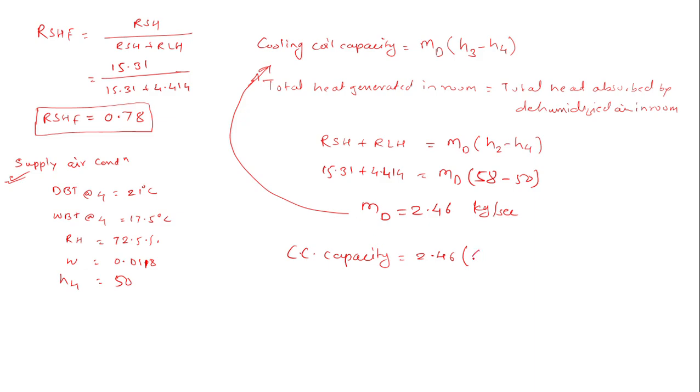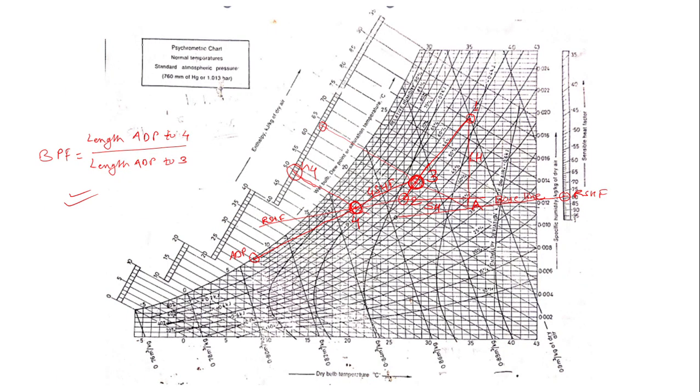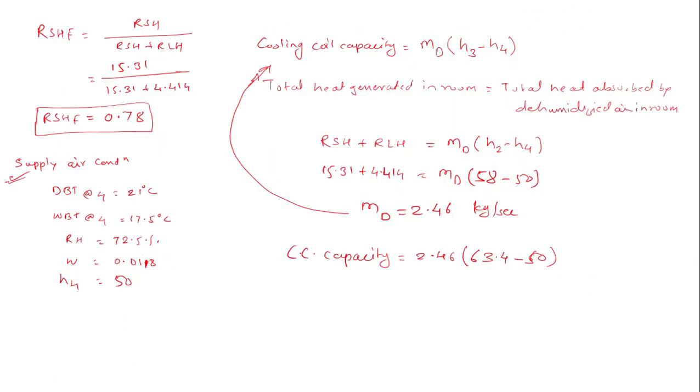So with H3 minus H4, which is 63.4 minus 50, I can get the cooling coil capacity.